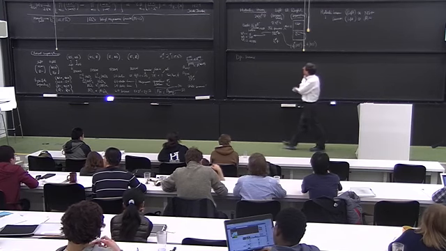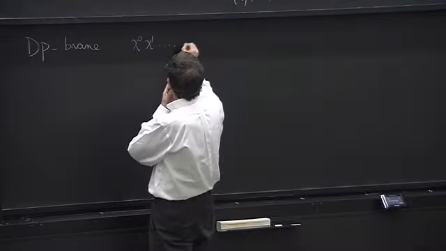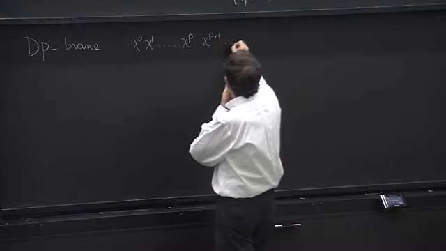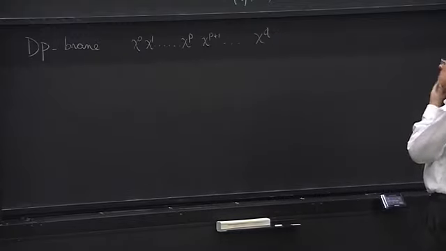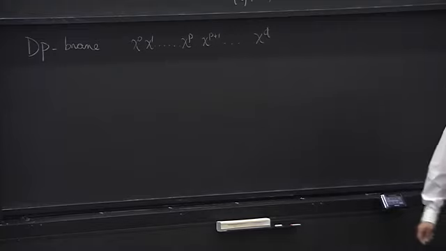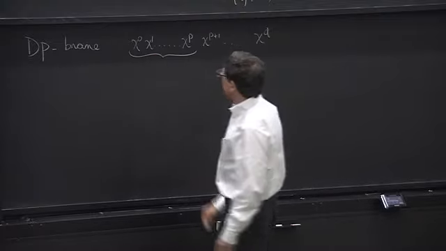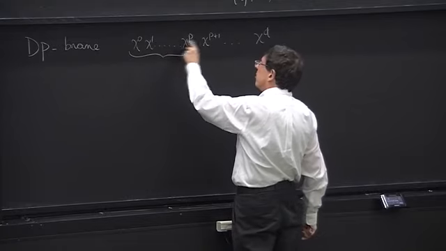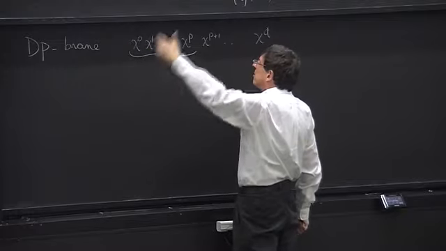So if you think of all your coordinates of space-time, x0, x1, up to xp, and xp plus 1, up to xD, the D-brane fills the first p directions because it fills p spatial dimensions. Let's say they're the first ones. And of course time exists for the D-brane sitting there.